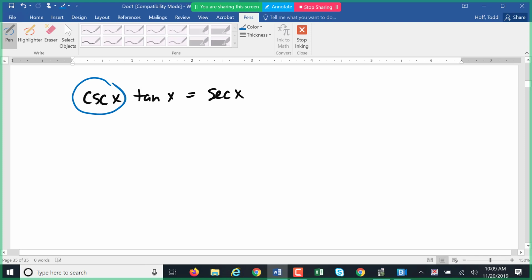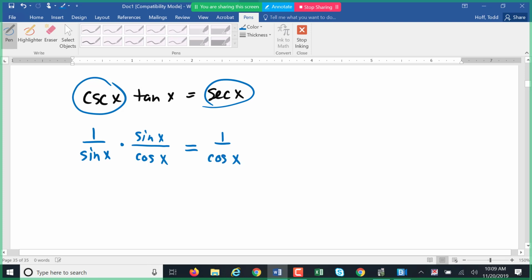So cosecant of x is 1 over sine x. It's a reciprocal identity. The tangent of x is sine x over cosine x. On the other side, secant of x, well, that's 1 over cosine x. It's the reciprocal of cosine x.